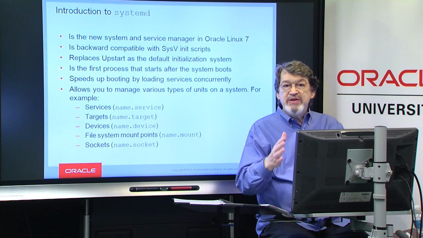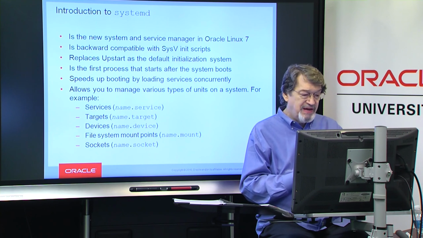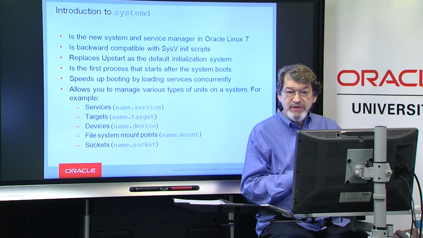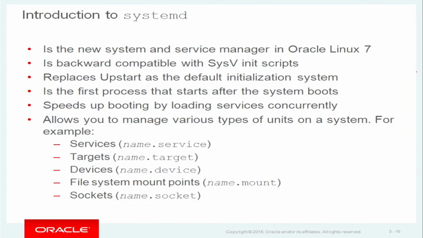We both don't need to be doing this. I'm more than willing to use the work that Red Hat is doing. And so while we used Canonical's Upstart during 6, as we get to 7 now, we're going to use Red Hat's systemd. Okay?